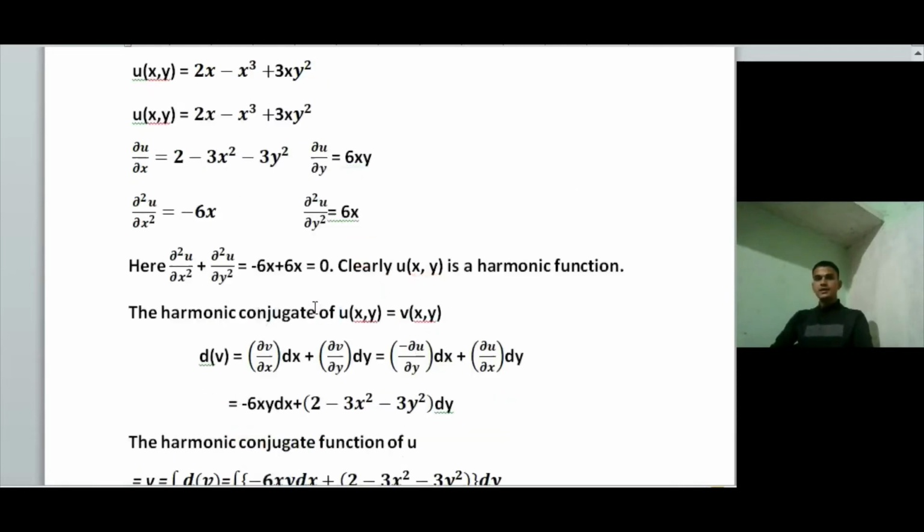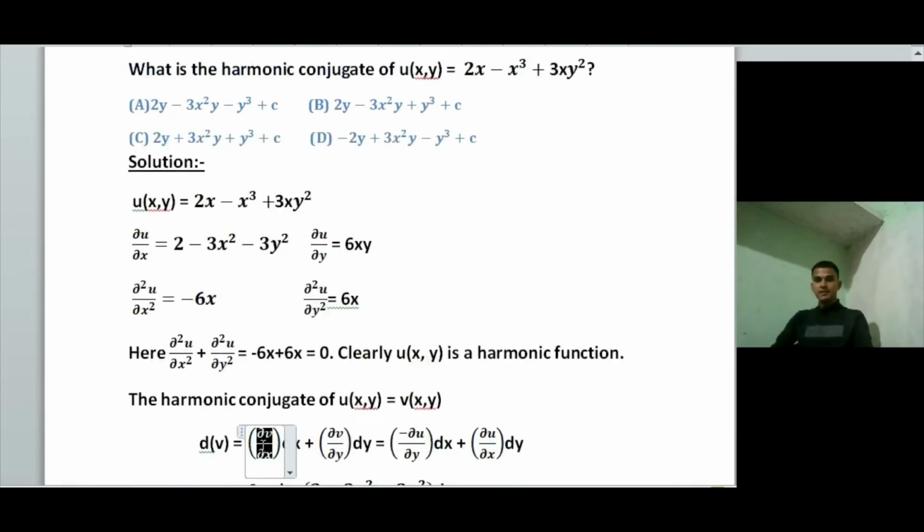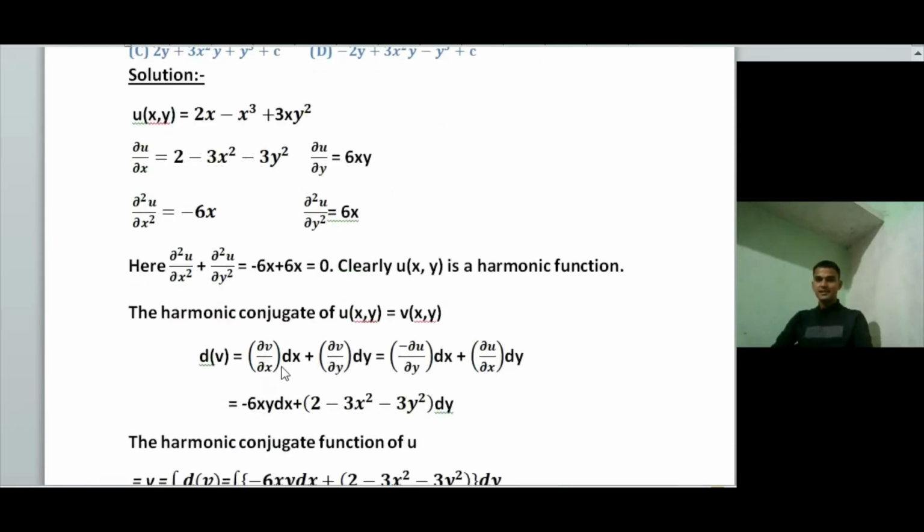So here you can see this is del v by del x, but we don't have del v by del x. You can see this is a u term and this is a u term. We don't have a v term here, but here it is given del v by del x and this is del v by del y. So we will use the CR equation.